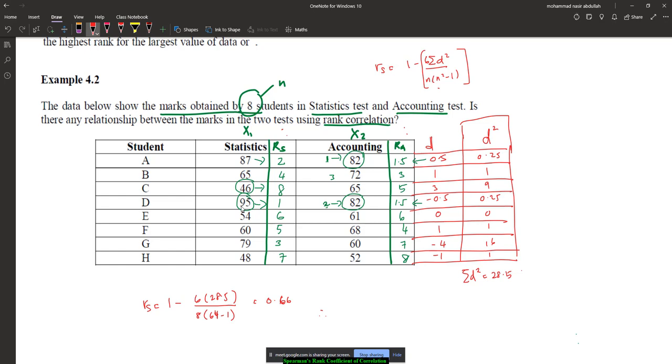So we can say that there is a moderate positive correlation between statistics marks and accounting marks, right?